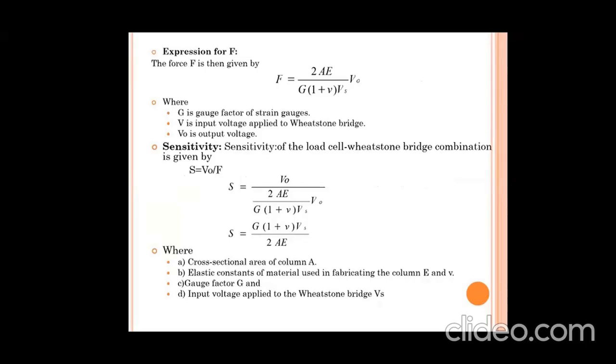That is the formula of your force, and from that you have to calculate the sensitivity, that is G into (1 plus V) multiplied by Vs divided by twice of AE. Getting? Then again the next one, you have the formula for delta V0, that is the change in output voltage.